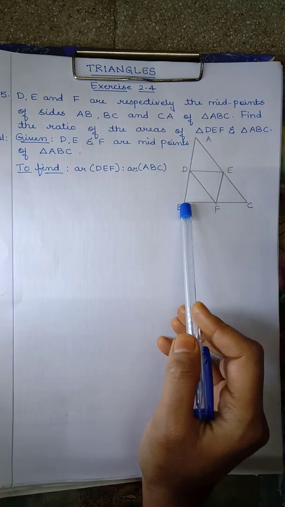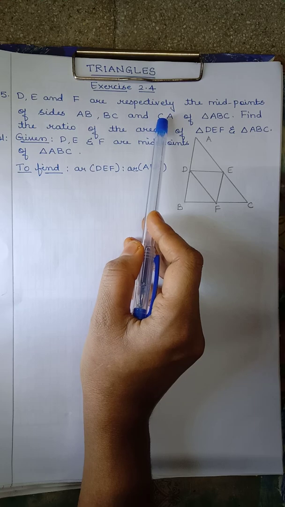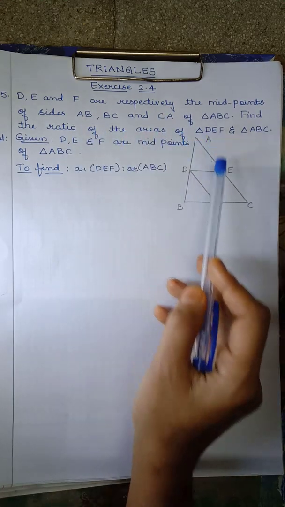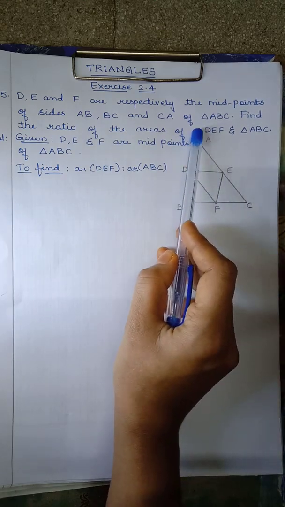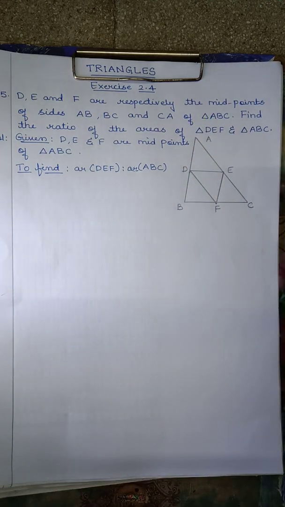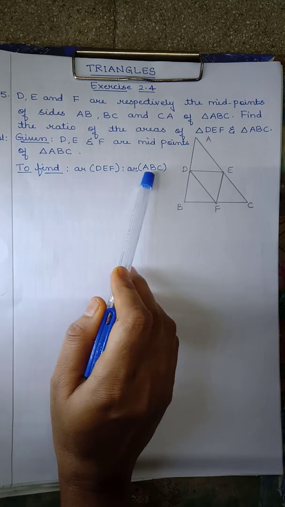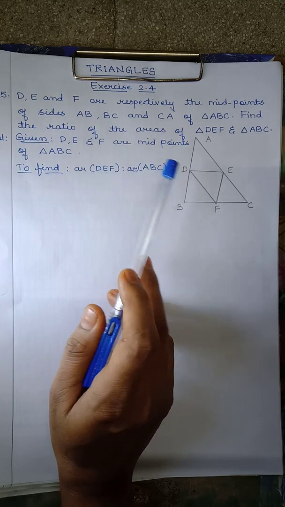In triangle ABC, D, E and F are the midpoints they have given of AB, BC and CA. You have to find the ratio of the areas of triangle DEF and ABC. Children, whenever the question is related to areas, you have to use the theorem of areas of similar triangles.